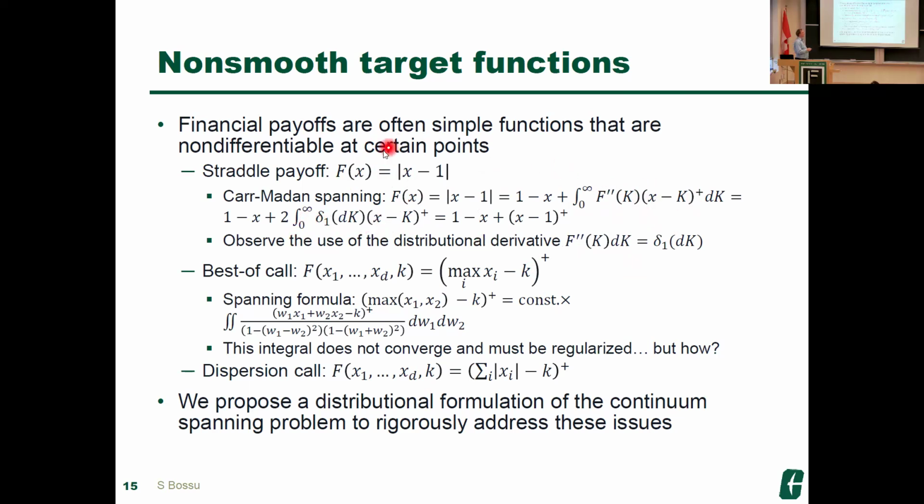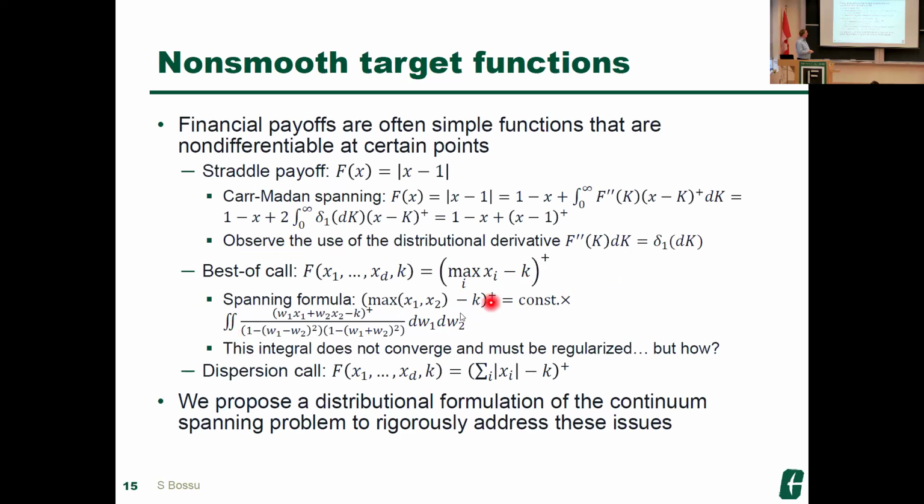The second derivative of a straddle is a Dirac delta function that is infinite at 0 and 0 otherwise. So it's not a real function. This is an invitation to look into the Schwartz-Sobolev theory of distributions, which I knew not much about before all this, and it's very fascinating, but sometimes a little heavy.